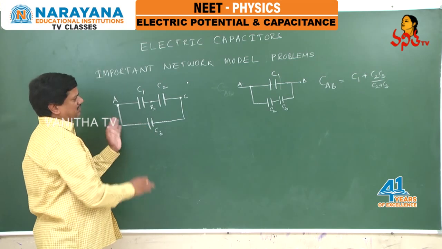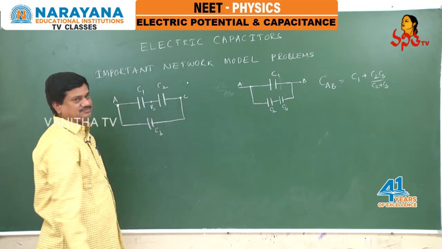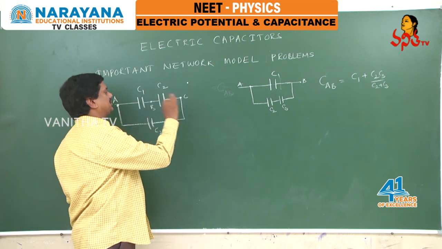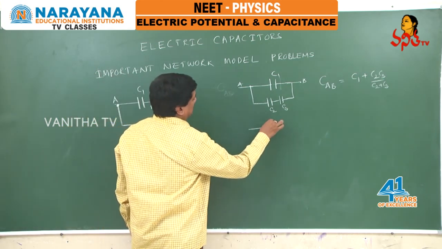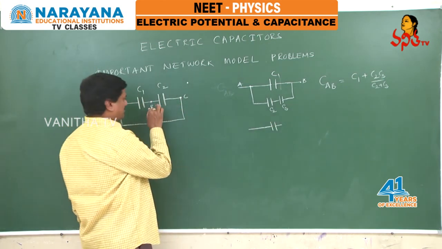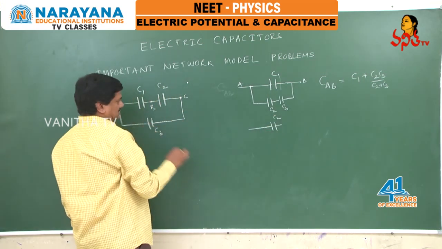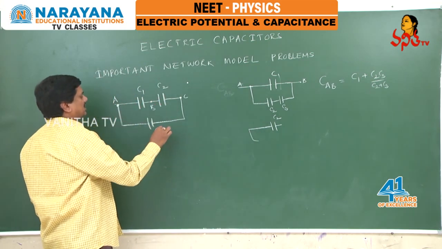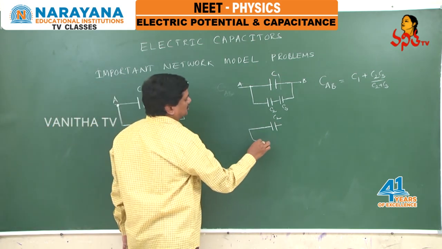But for the same set of capacitors, I want to find the capacitance between B and C. I am at B, I want to find the effective capacitance between B and C. Directly B to C, one capacitor. What is that capacitor from B to C? It is nothing but C2. And there is another method to move from B to C, along this path, through A, C, like this. That means along the two capacitors.